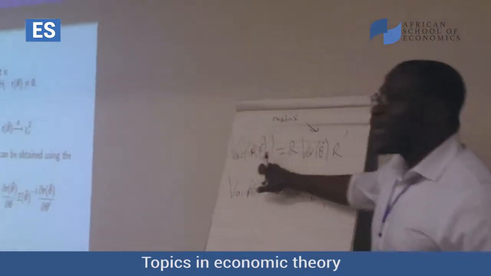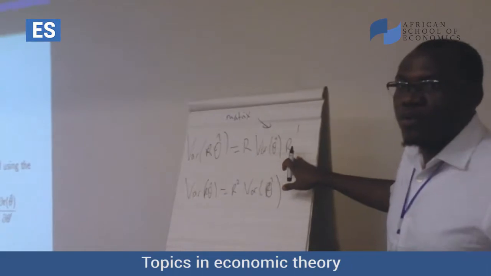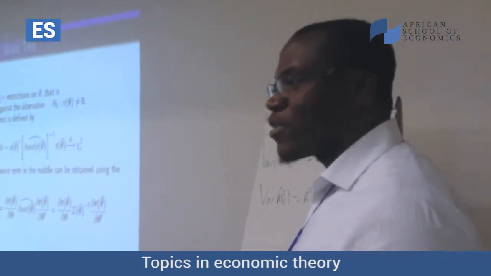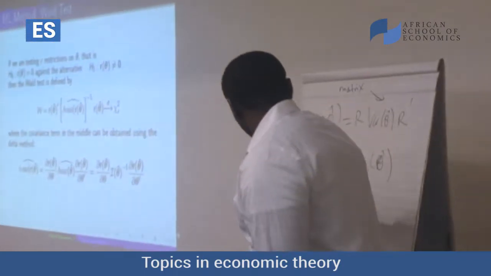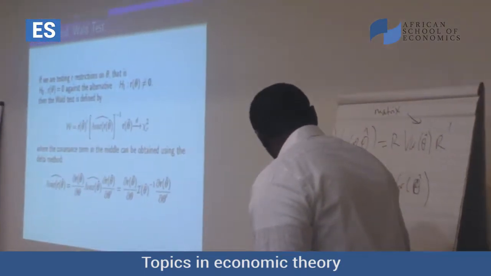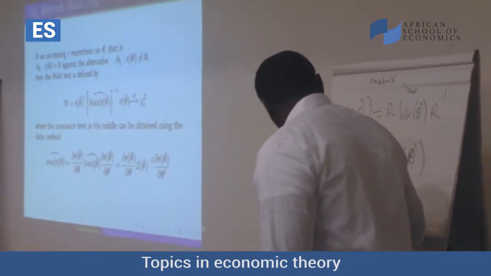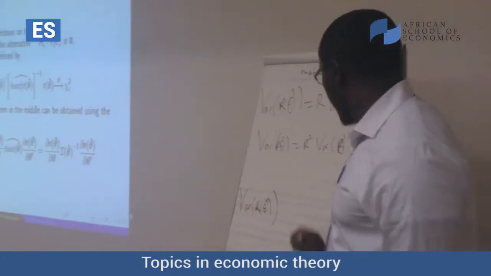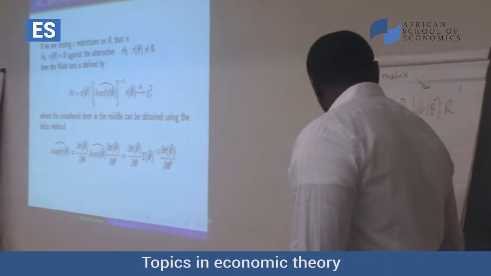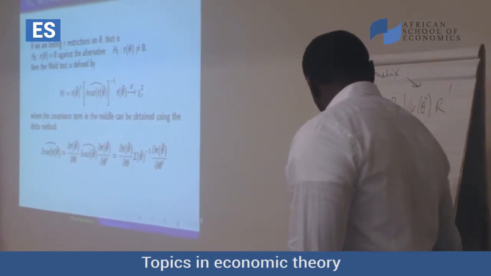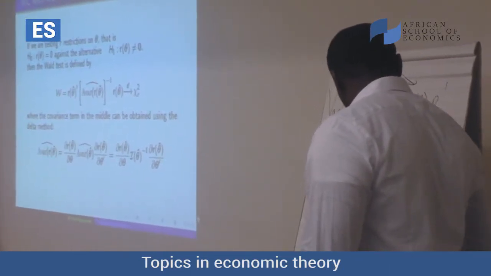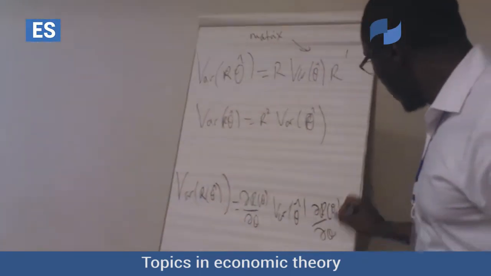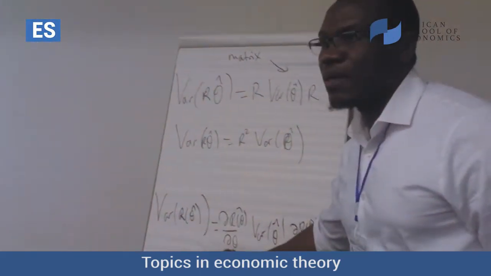Now this is with linear combinations. What happens when we have non-linear relationships, right? So we have another result for that. We basically say that if the variance of a function of theta is what we want to get, we can just take the partial derivative. We take that variance of theta hat and then the partial derivative, and this is the delta method.